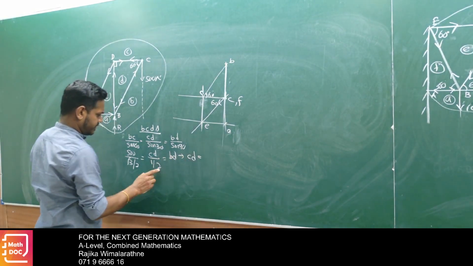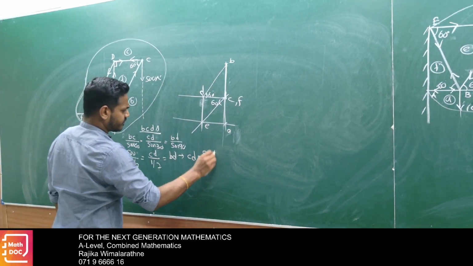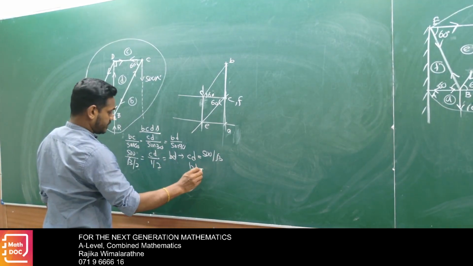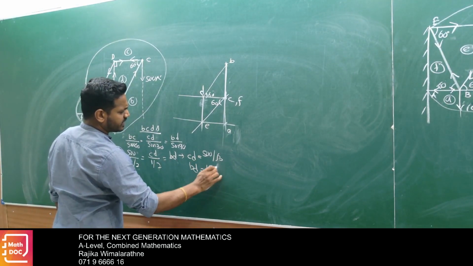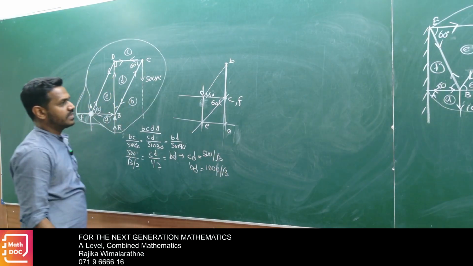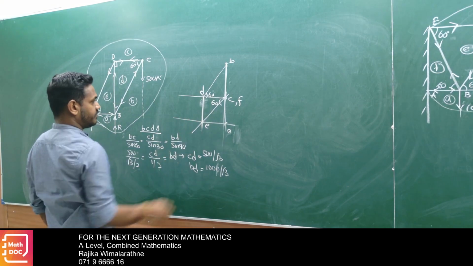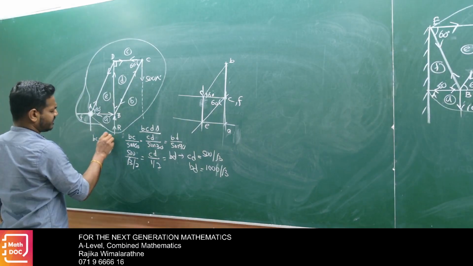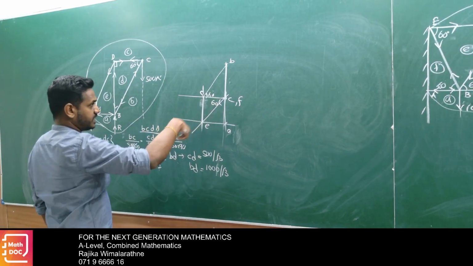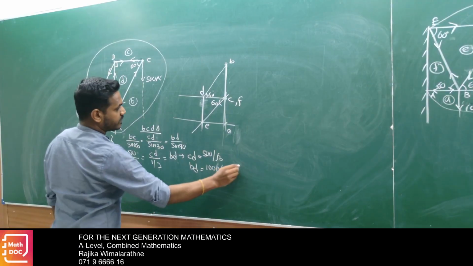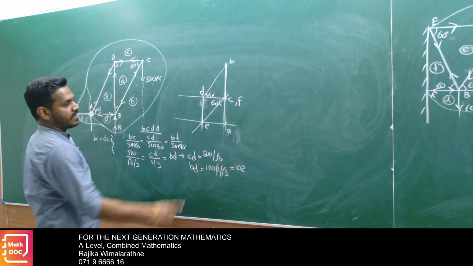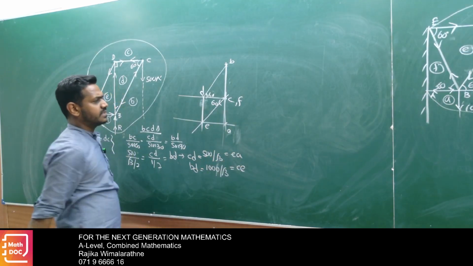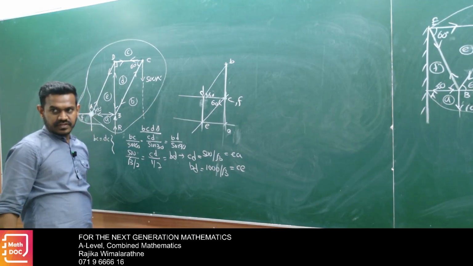Then CD, cancelling, is 500 over root 3, and then BD is 1000 over root 3. Then DE equals BC, CE equals BD, EA equals CD, and every value is known, no? Then we can complete the table.